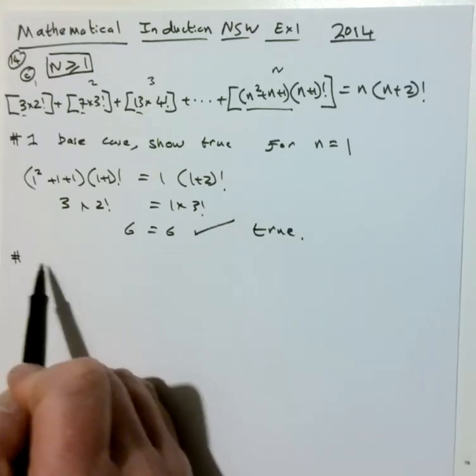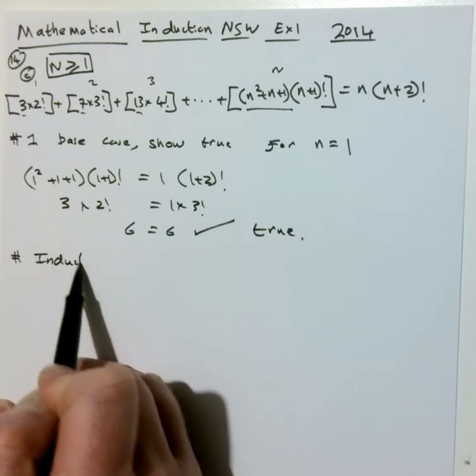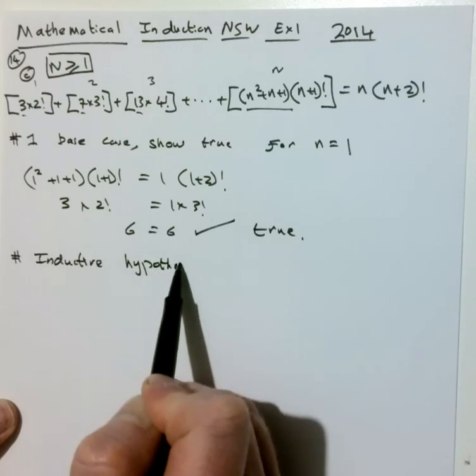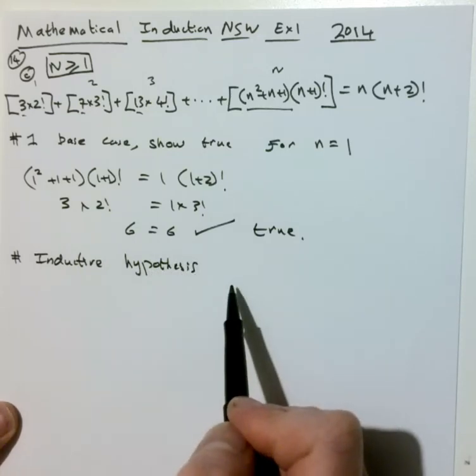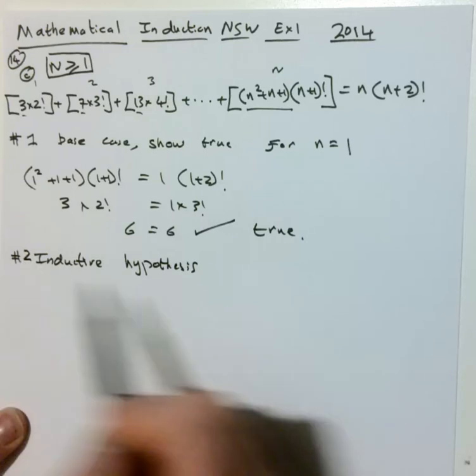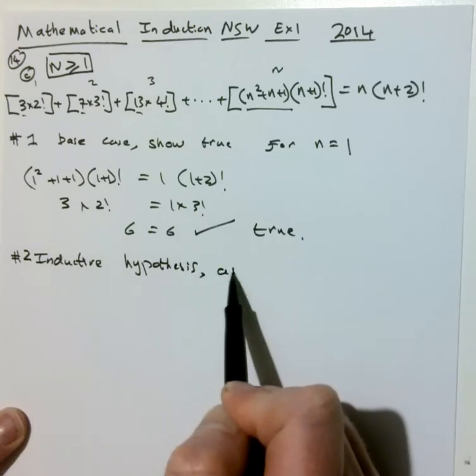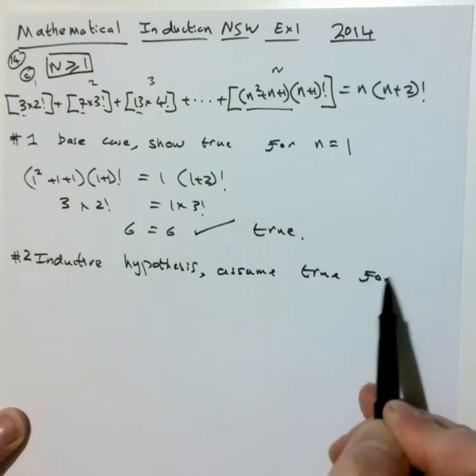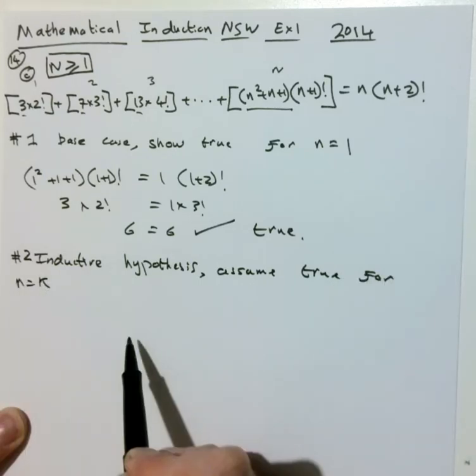The second part is called the inductive hypothesis, and the inductive hypothesis says assume true for n is equal to k.